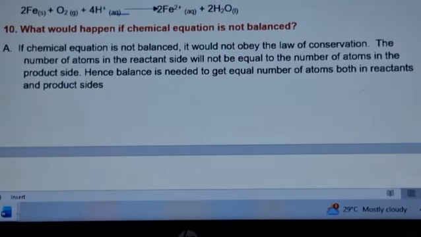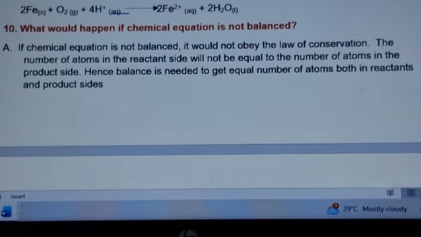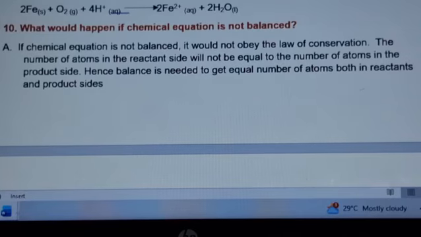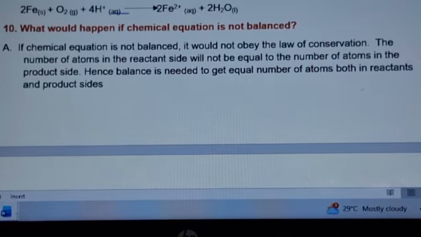It can only be changed from one form to another form. Solid may become liquid, liquid may become gas. But the matter composition will be like that only. Till now, no matter is added in the universe, no matter is removed from the universe. It only changes its forms. So that is called law of conservation.